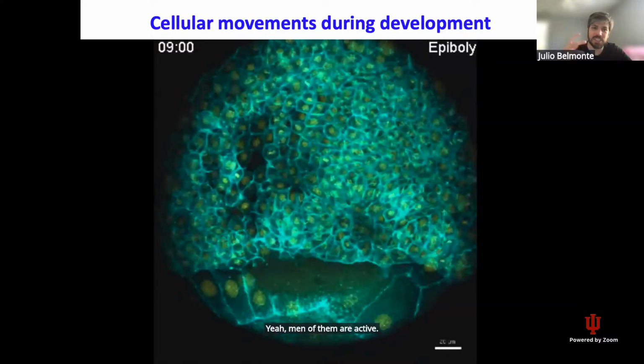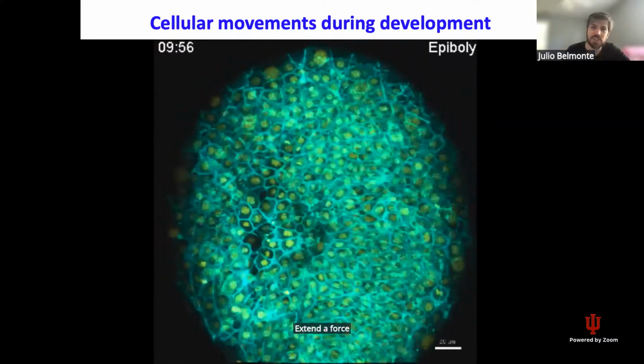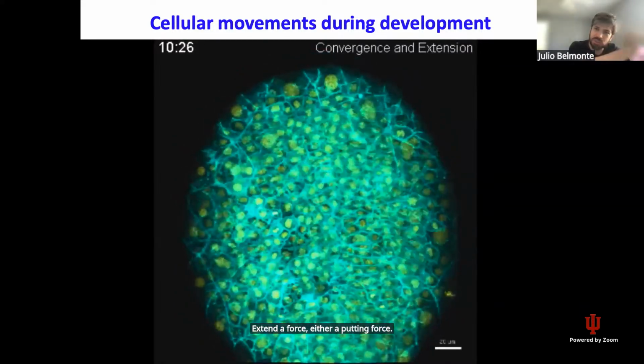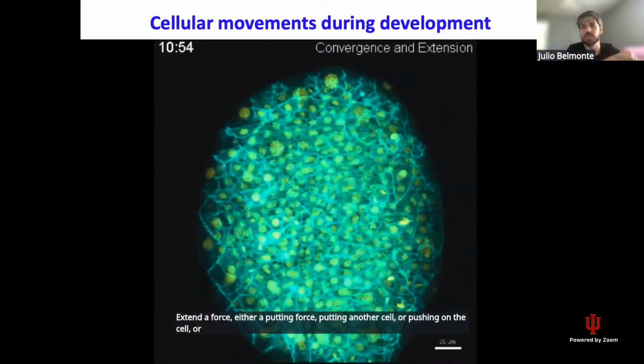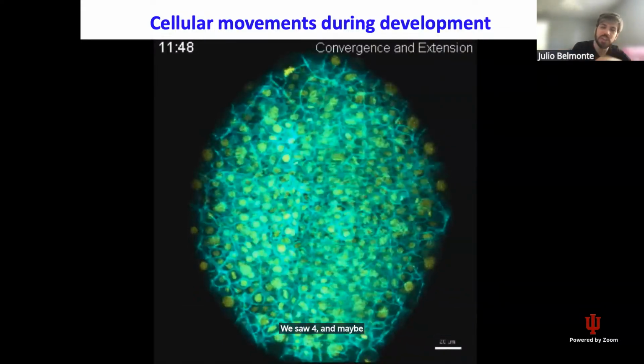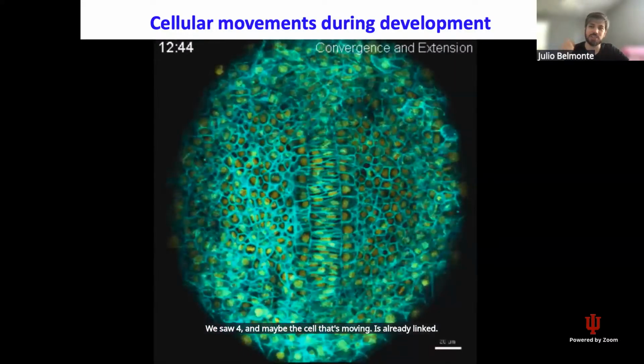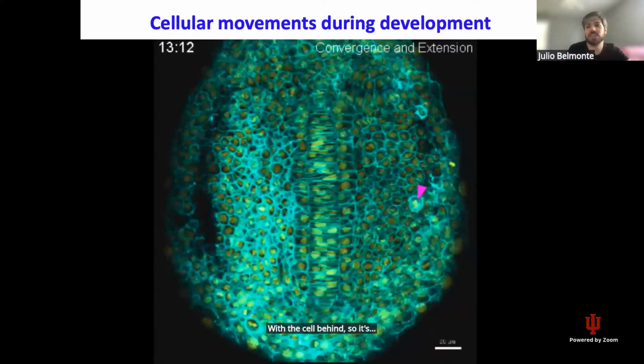It requires the cell to actually exert a force, either a pulling force, pulling another cell, or pushing another cell, or pulling the substrate to move itself forward. And maybe the cell that's moving is already linked with the cell behind, so it's dragging all those cells behind.